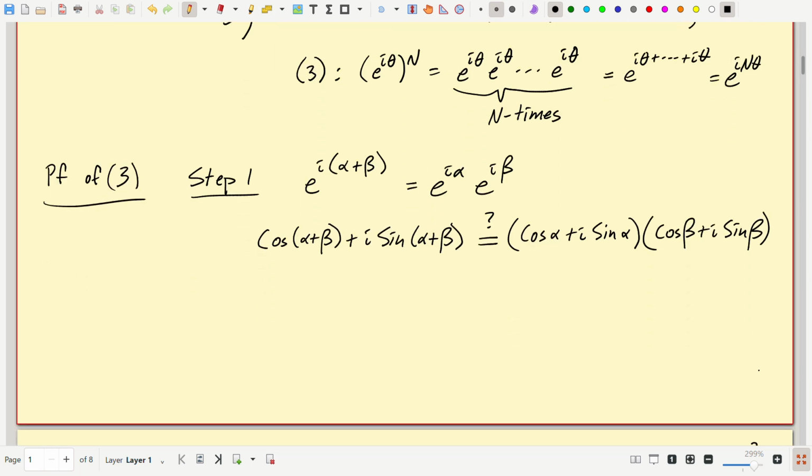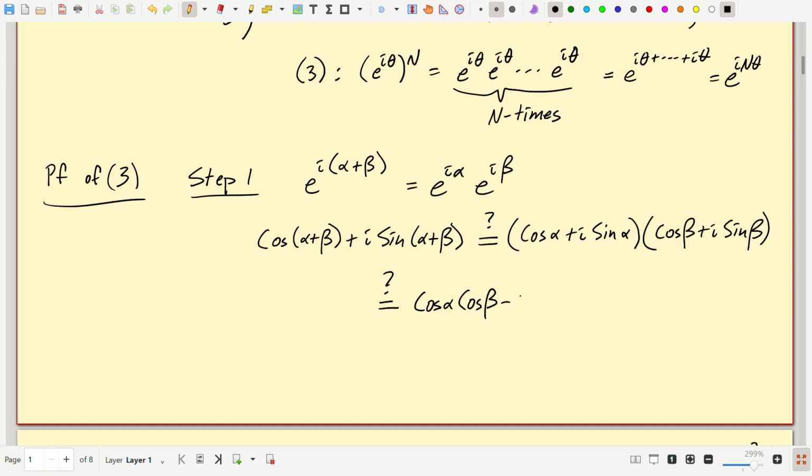And I multiply that out and get, so this is question mark. Let's see, the real part is going to be cosine alpha, cosine beta. And I get another real thing when the I sine alpha hits the I sine beta, because I squared is minus 1.